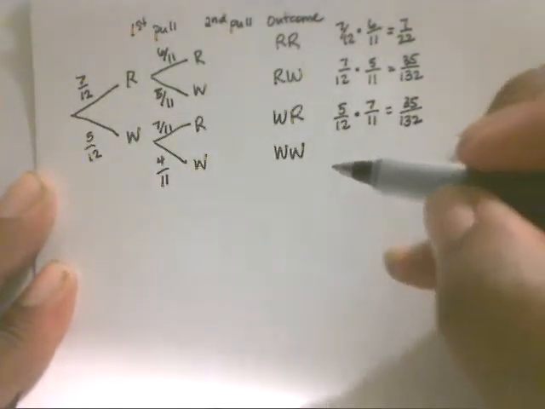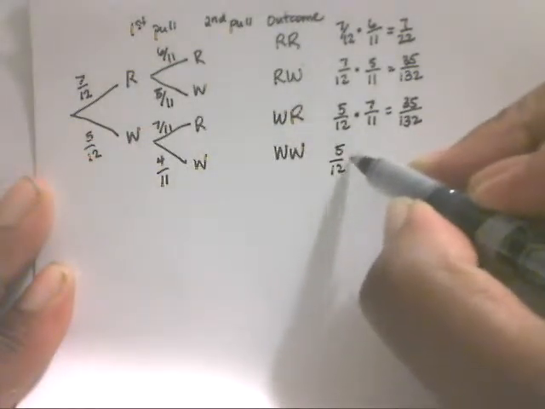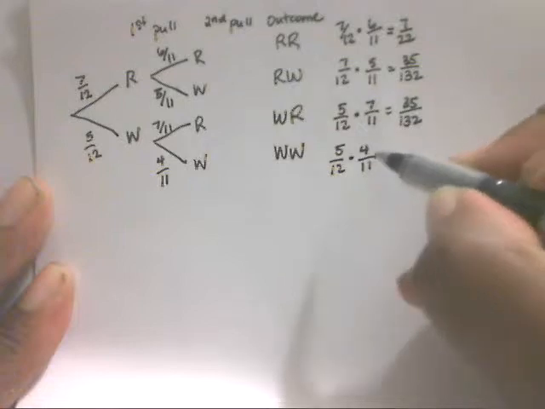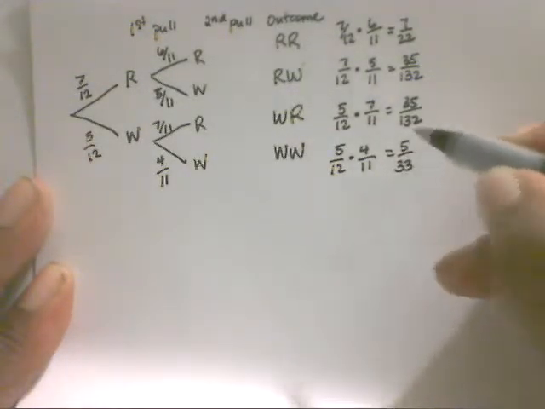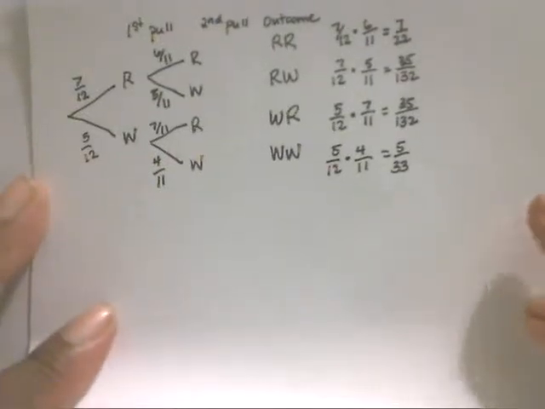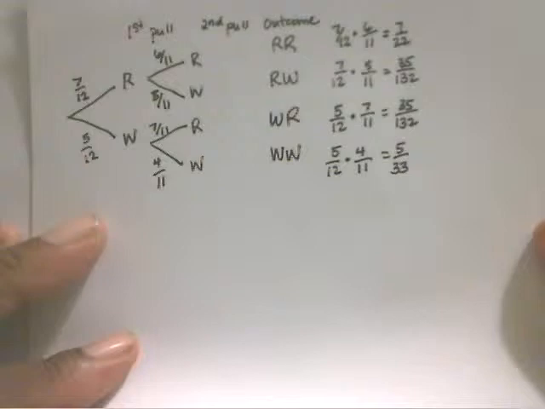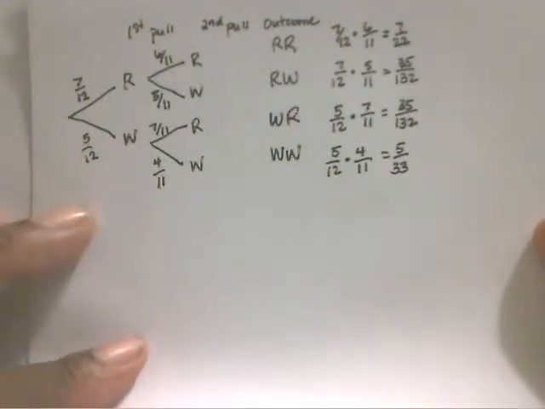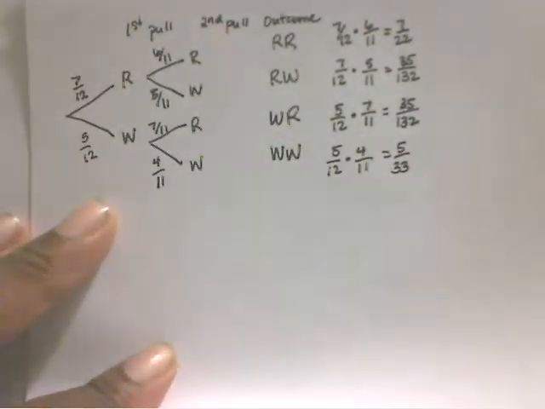And then a white and a white, that's going to be 5/12 times 4/11, which will be in simplest form 5 over 33. Okay, so those are the outcomes with their respective probabilities. And this is what the tree diagram looks like. Now we're going to use that tree diagram to answer the other two questions. So this tree diagram is just part A.